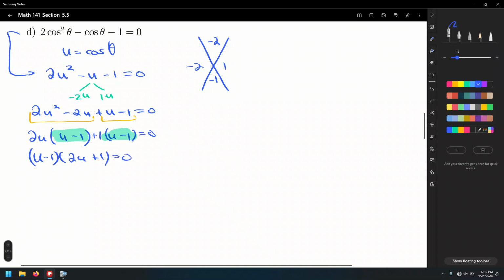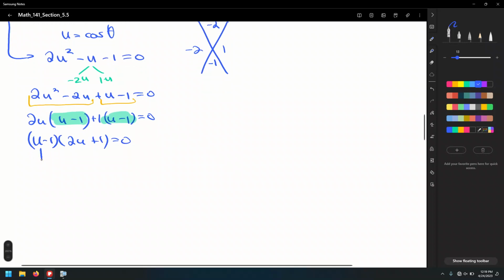All right, so let's see. That means by the zero product property, u minus 1 equals 0, or 2u plus 1 equals 0. From here, how about we solve for u? u equals 1, 2u equals negative 1, and u equals negative 1/2.